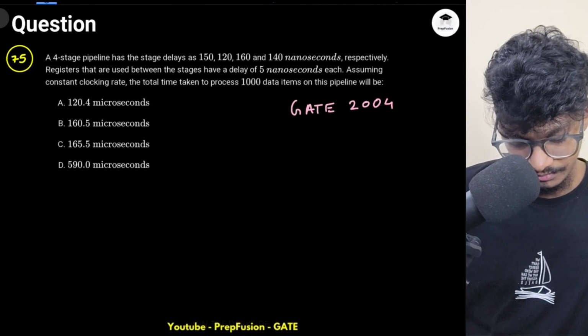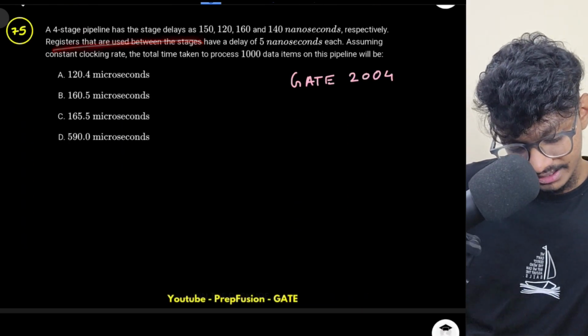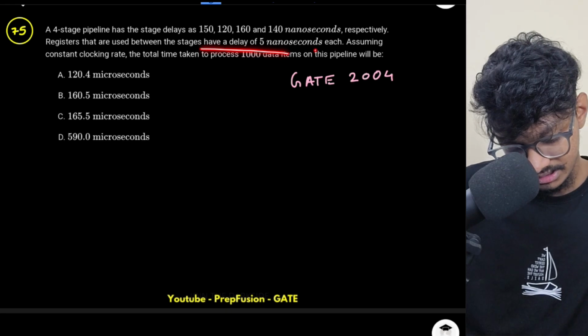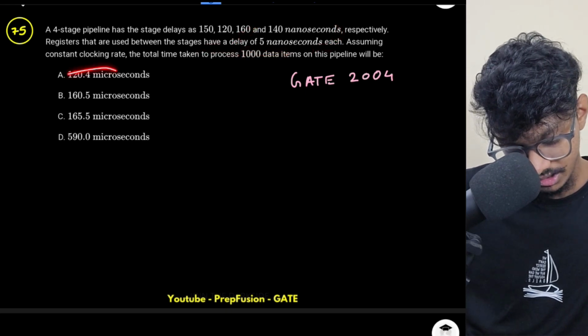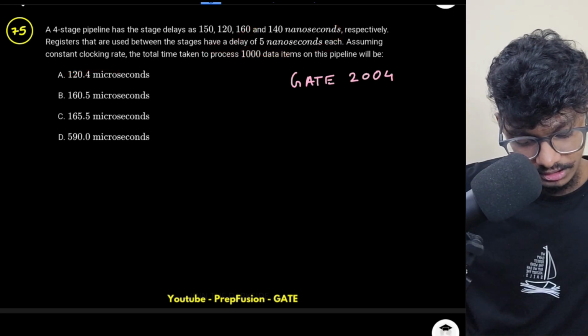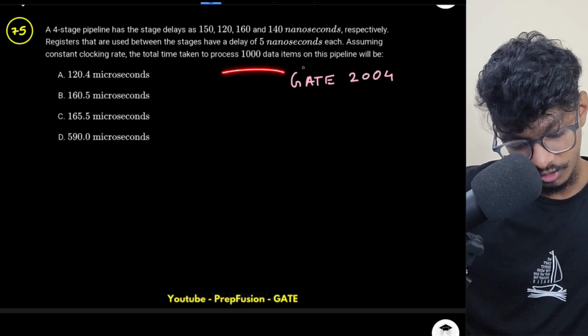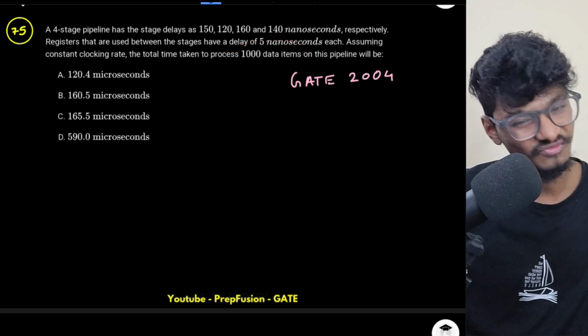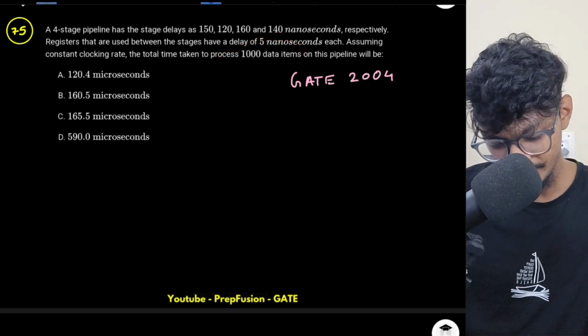Okay. So very simple thing. A 4-stage pipeline has these delays and registers have a delay of 5 nanoseconds. Assuming constant clocking rate, what is the total time taken to process 1000 data items on this pipeline? Very simple, right? Again, you have to choose the maximum.